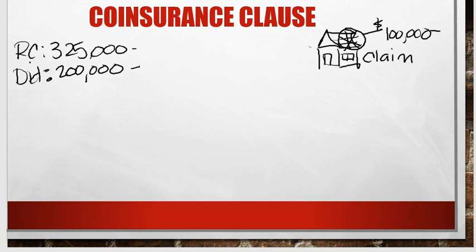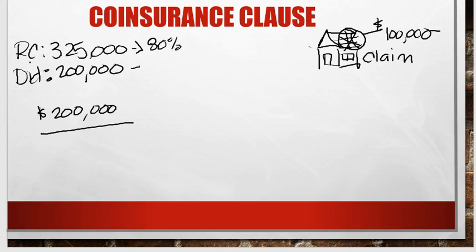So we know the did is $200,000, right? We did insure it for $200,000, but we should have insured it for at least 80%. And some people get this "should have" confused and they put the replacement cost. It's not the replacement cost amount. It's 80% of the replacement cost.